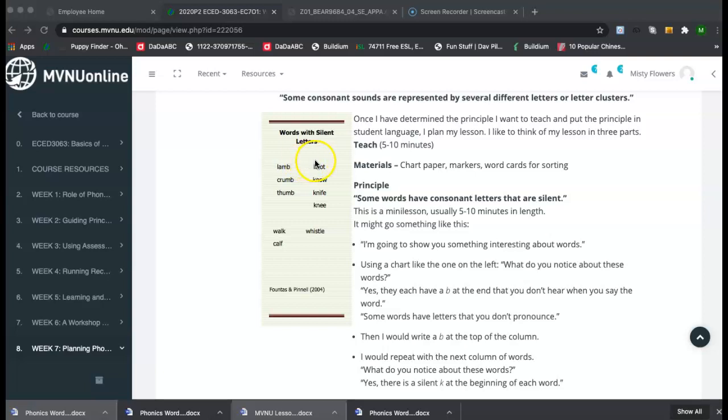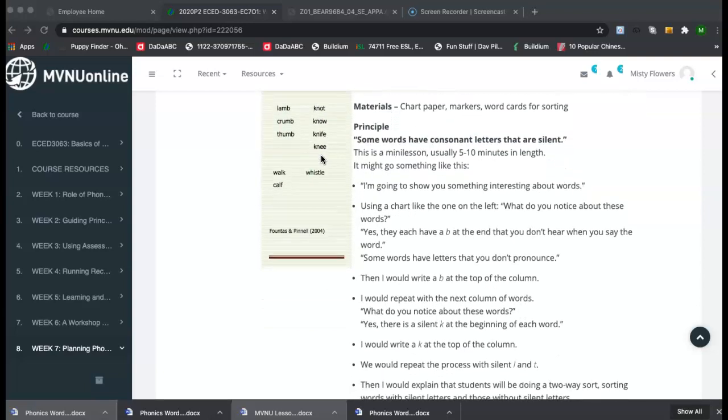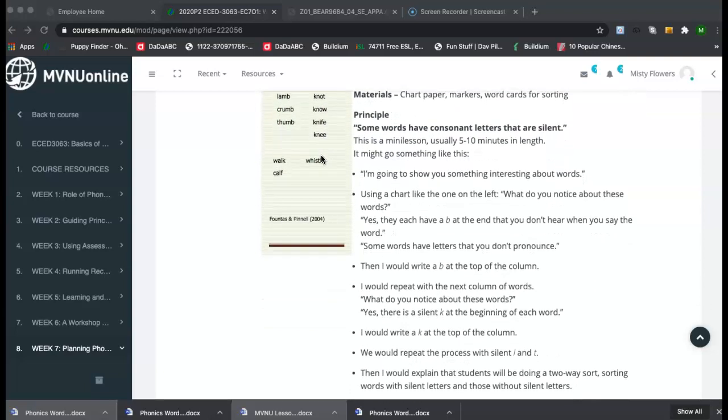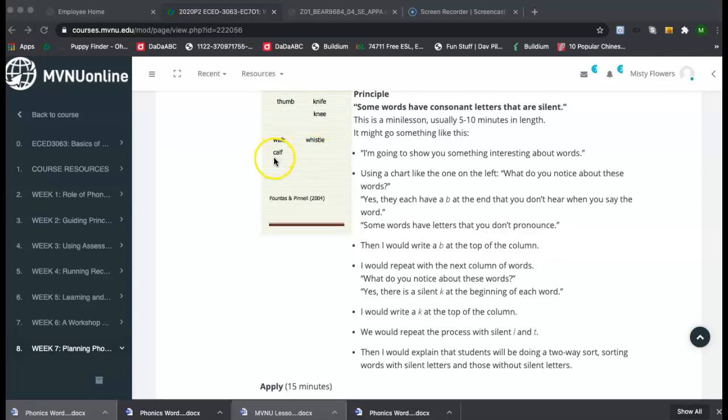I could repeat this with this group of words for the silent K at the beginning of the word. We could talk about the silent L in the words walk and calf.